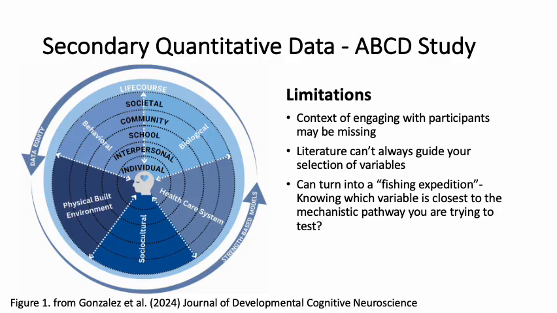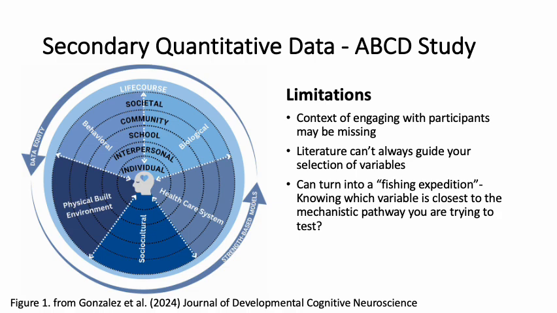But that also puts constraints on the types of conclusions that you can reach when you have conducted what is considered a more exploratory model. And so this is a limitation when there isn't a literature that is specifically going to point you to the variables that you want to select for your model.